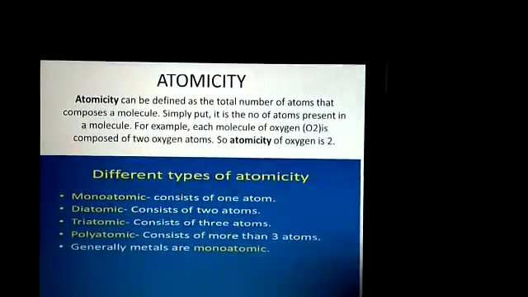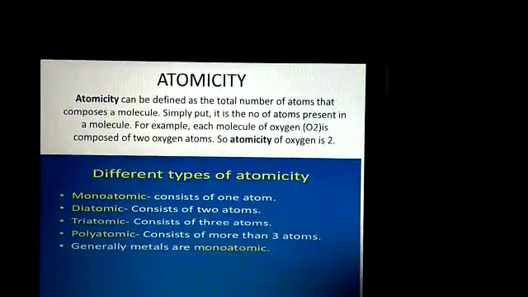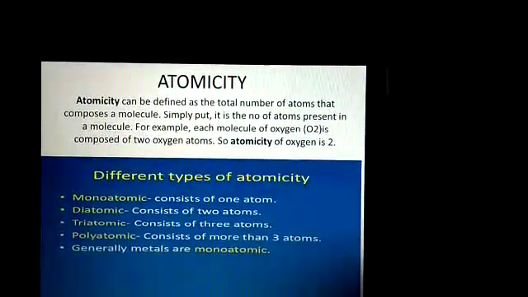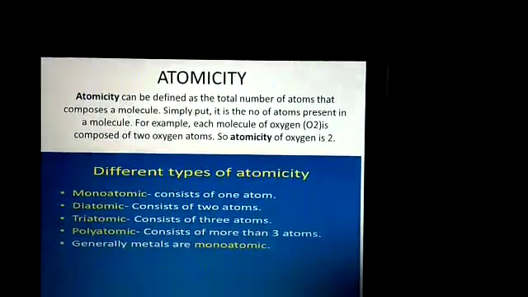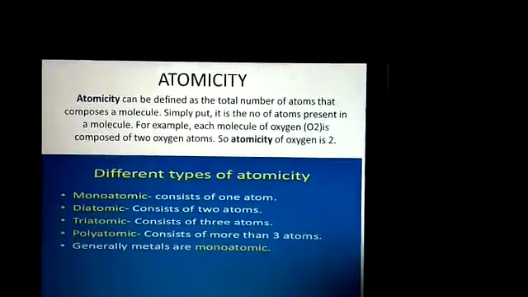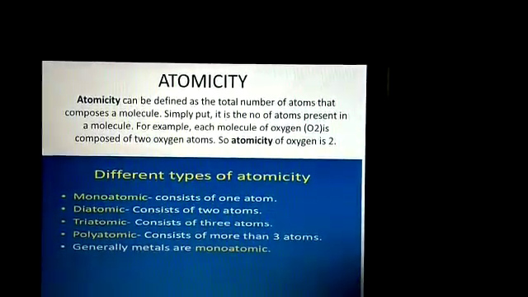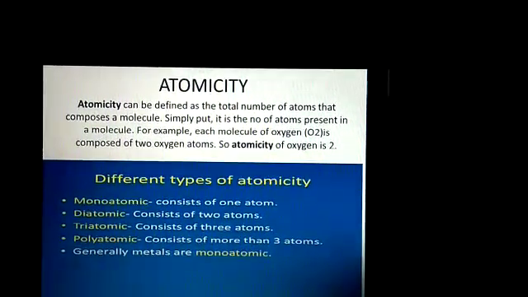The next is atomicity. Atomicity can be defined as the total number of atoms that compose a molecule. Simply put, it is the number of atoms present in a molecule.